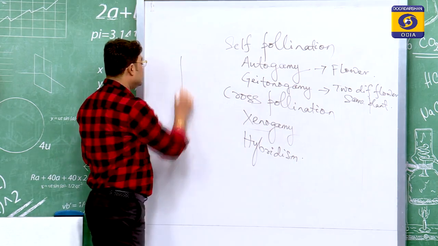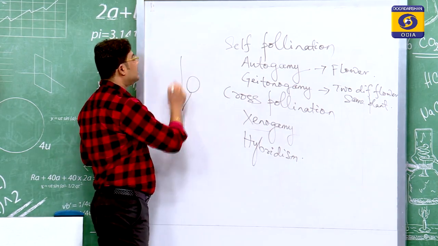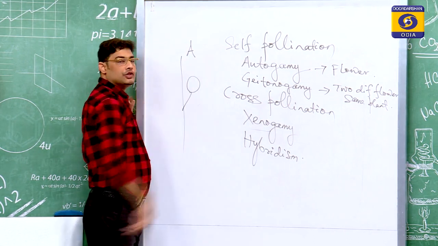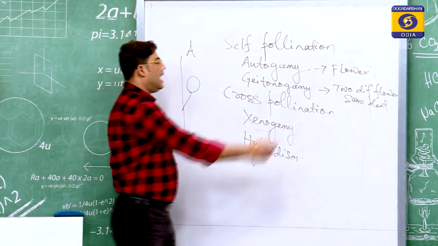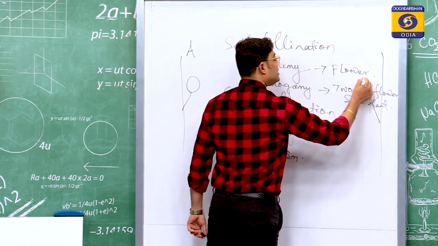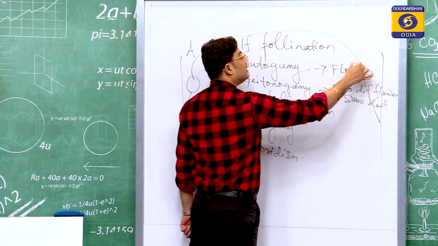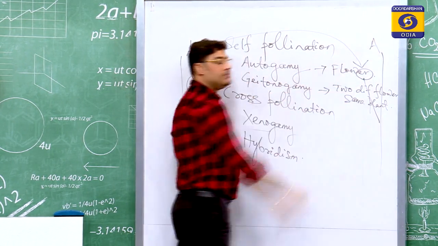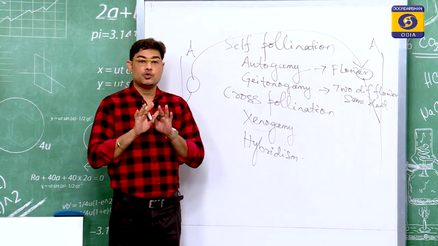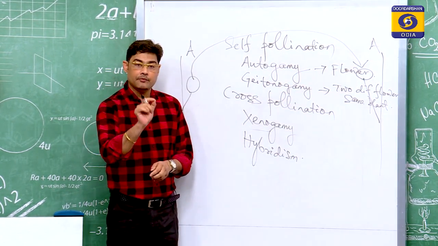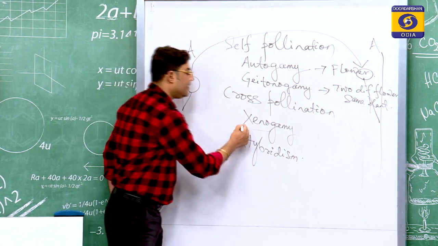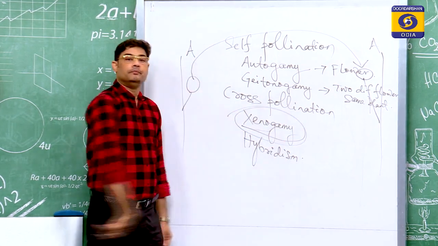Now, suppose here I have one plant that belongs to species A, and here I have the same type of individual, and the pollination takes place between two different individuals belonging to the same species, then that is called xenogamy.